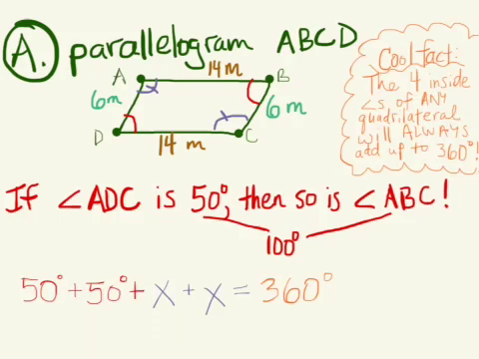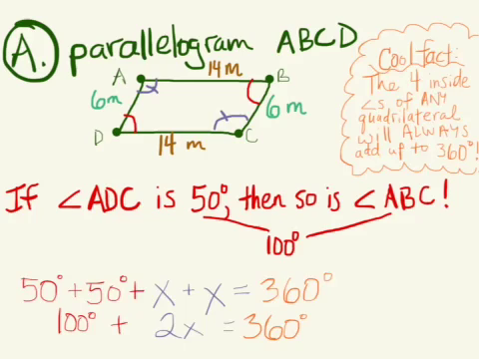Well, is there anything we can do yet? Yeah, there is. We know that the 50 and the 50 makes 100. And it looks like we have 2 of the same thing. We have 2 groups of x, or 2 times x. And that'll all add up to 360 degrees.